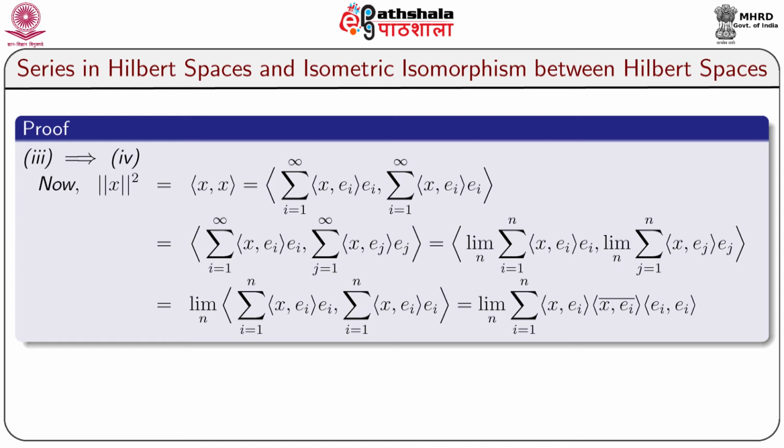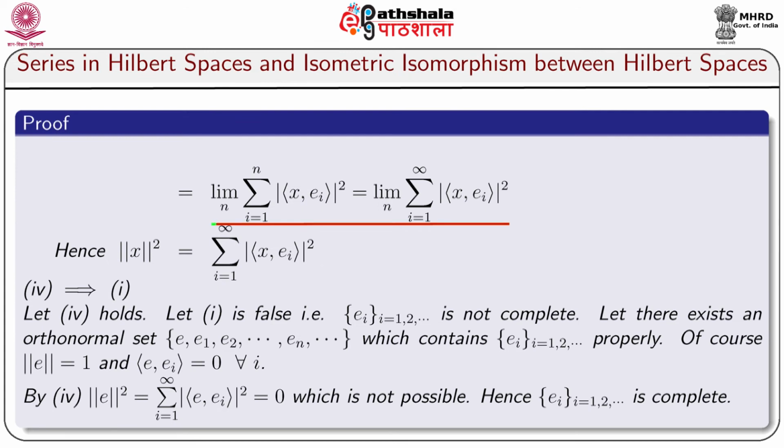to 1 to n inner product x comma ej into ej, which is equal to limit of n of inner product sigma i equal to 1 to n inner product x comma ei into ei comma sigma i equal to 1 to n inner product x comma ei into ei, which is again equal to limit of n of sigma i equal to 1 to n inner product x comma ei into inner product x comma ei bar into inner product ei comma ei, which is equal to limit n of sigma i equal to 1 to n modulus of inner product x comma ei square, which is equal to sigma i equal to 1 to infinity modulus of inner product x comma ei square.